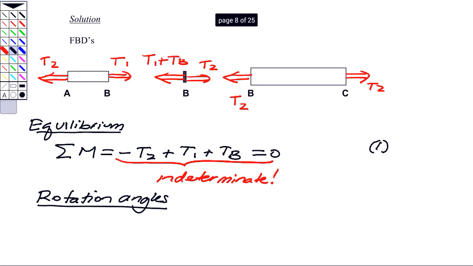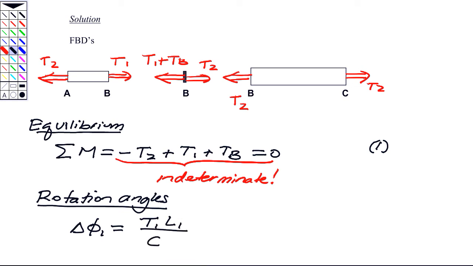We know that the angle of rotation, delta phi1 for segment 1, is the torque carried by 1 times its length L1 divided by GJ1, where the polar area moment for segment 1 is pi over 2 times its radius to the fourth, so it's d1 over 2 raised to the fourth.